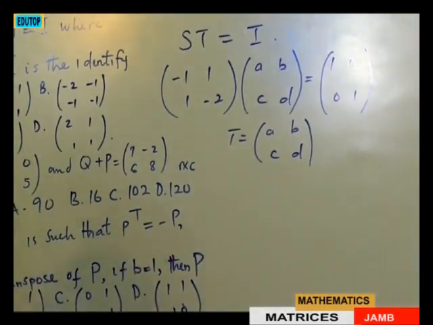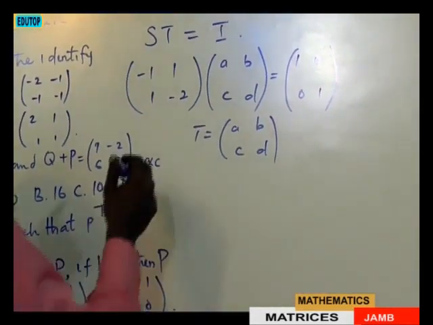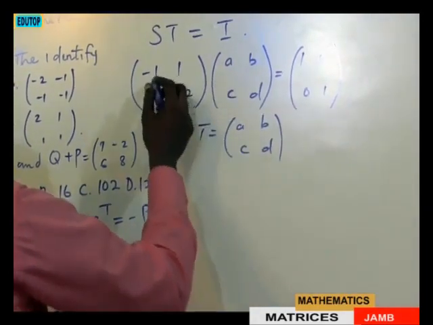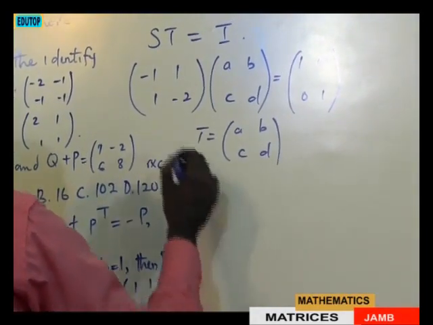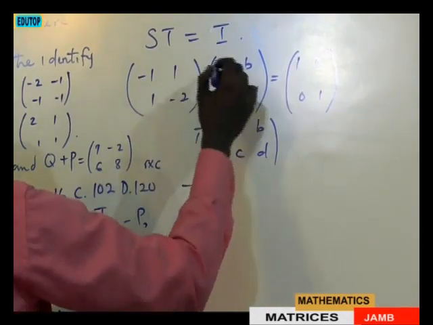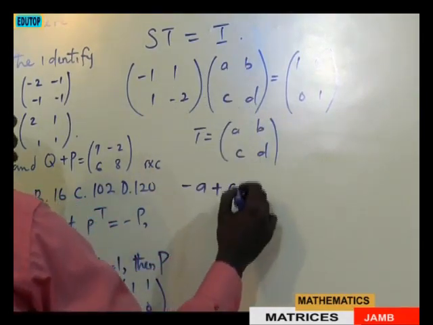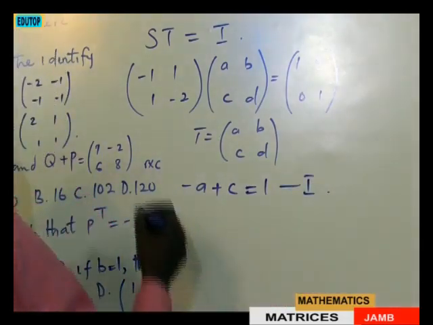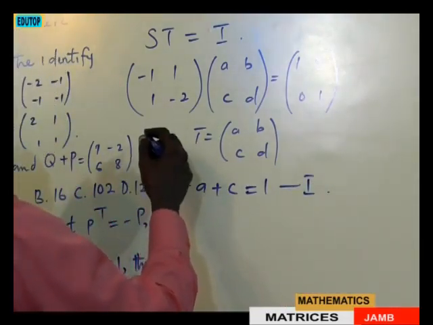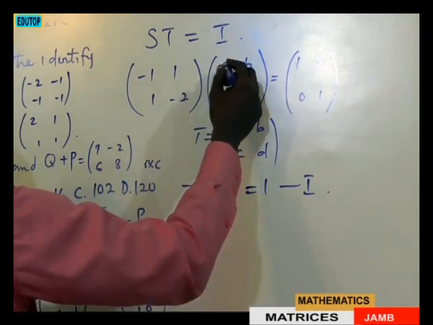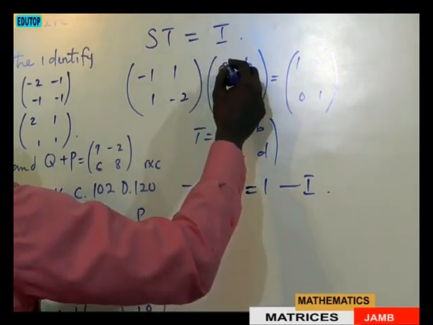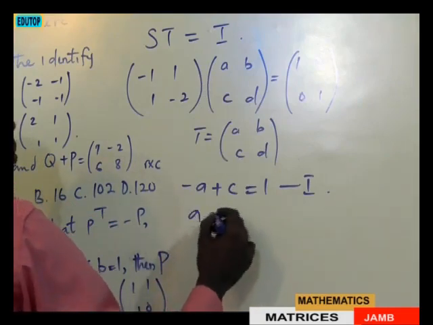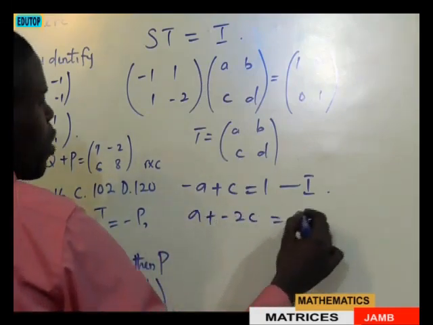So here, to solve this, we use this times this, minus A, plus this times this, that is C, must be equal to 1. Let's call this equation 1. Then this times this plus this times this, A minus 2C, must be equal to 0.